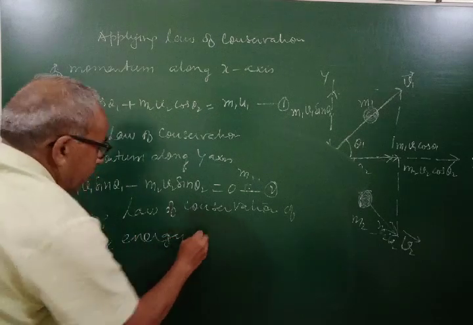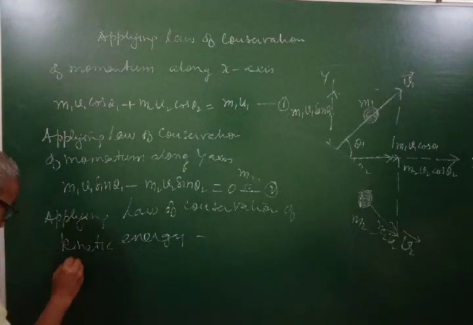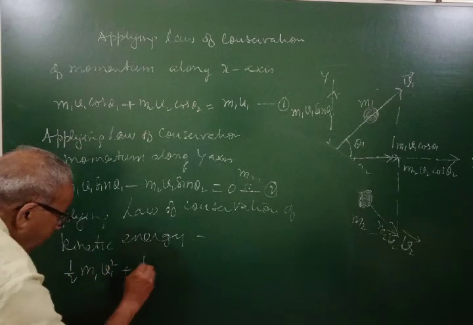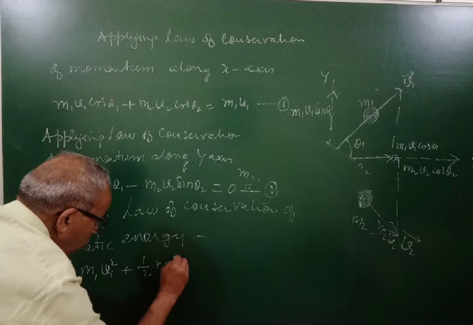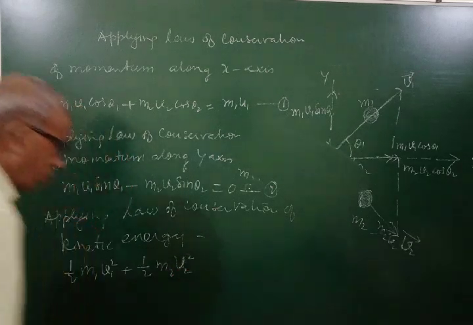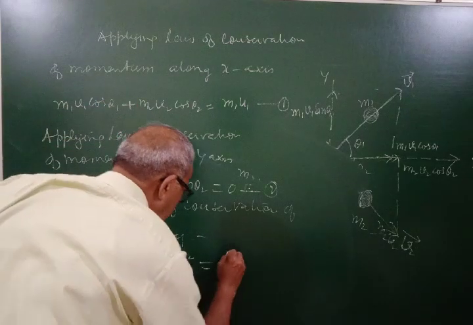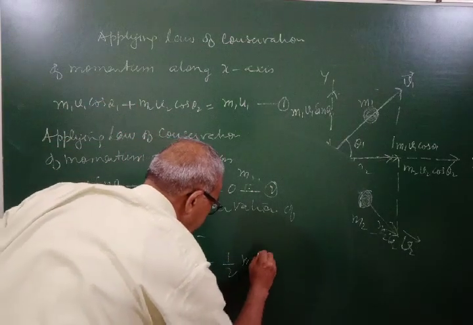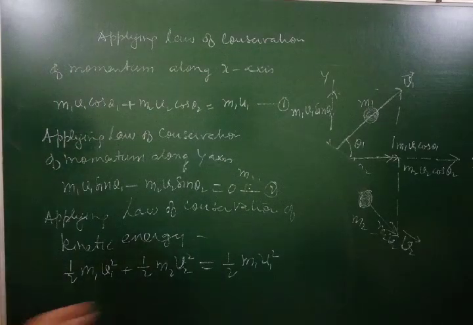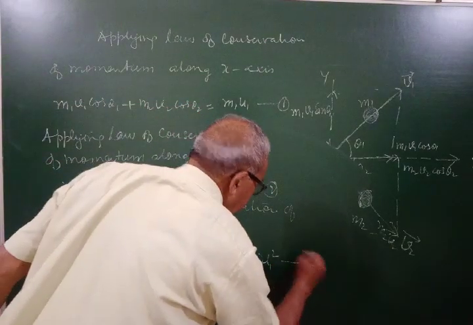So what we get? Half m1 v1 square plus half m2 v2 square equal to half m1 u1 square. So we get here three equations.